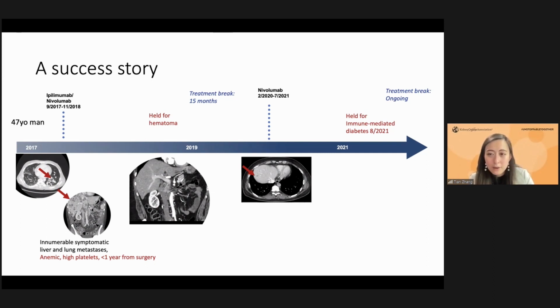Unfortunately, in speaking of side effects and toxicities, these really can occur at any point along a treatment journey. And so in August last year, he developed immune-mediated diabetes that was insulin dependent. And so we held again; his treatment break is currently ongoing.